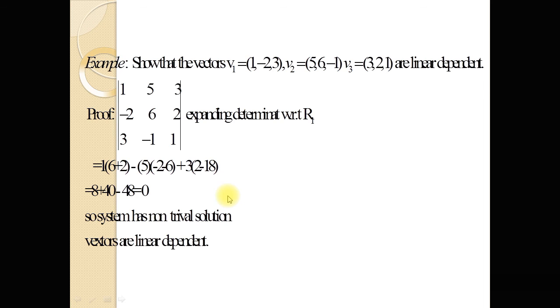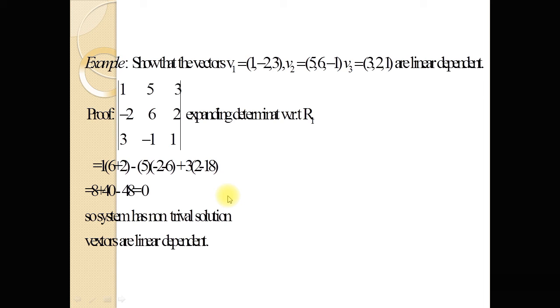A homogeneous system always has the zero solution, and we check the system for other solutions. Sometimes the system has many other solutions in addition to the zero solution. So if the determinant is 0 in the case of a homogeneous system, it does not mean that the system has no solution, because a homogeneous system has at least one solution.